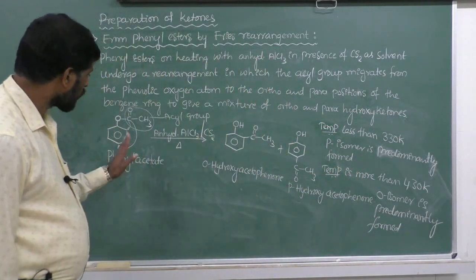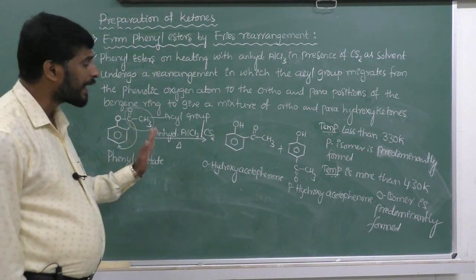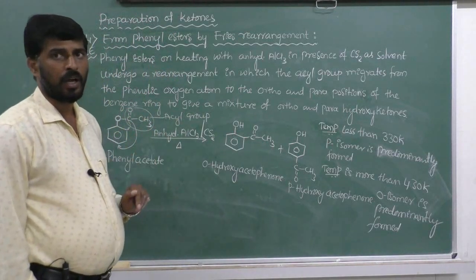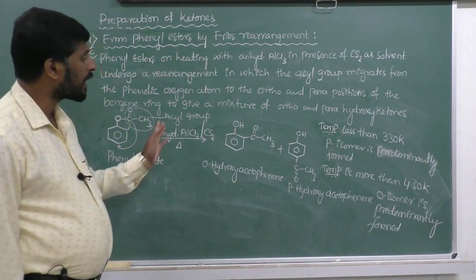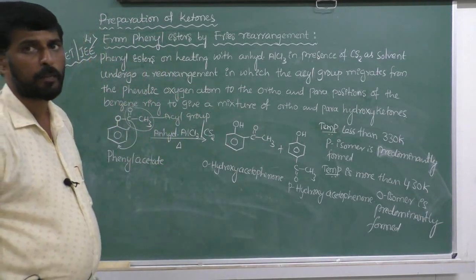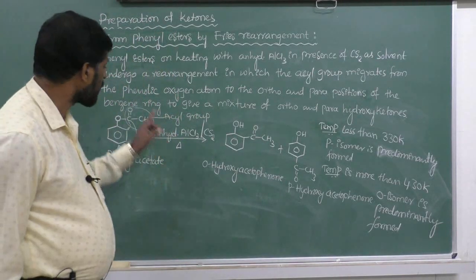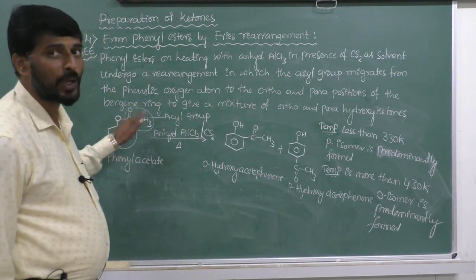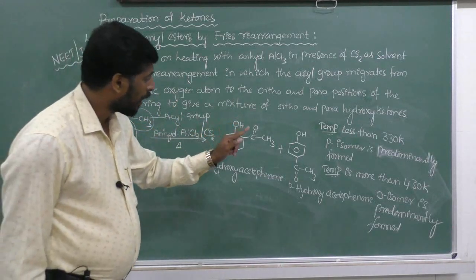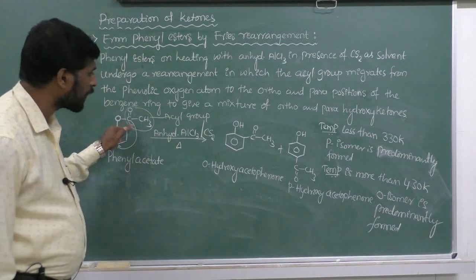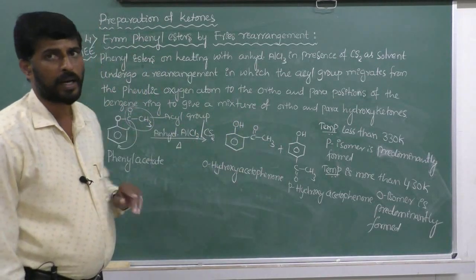Okay, so this is about the Fries rearrangement, how the aromatic ketones are formed from this reaction by the migration of the acyl group from the phenolic oxygen to the ortho or para position.